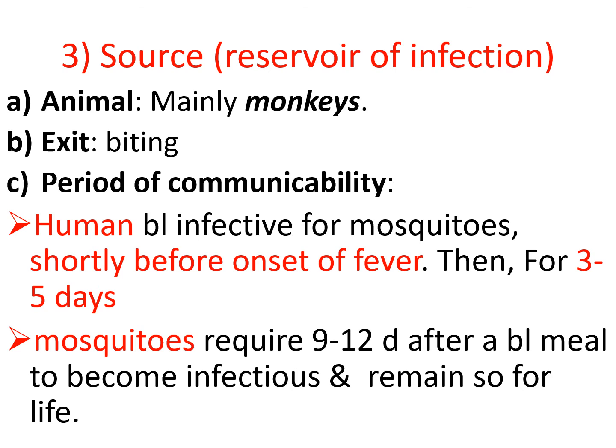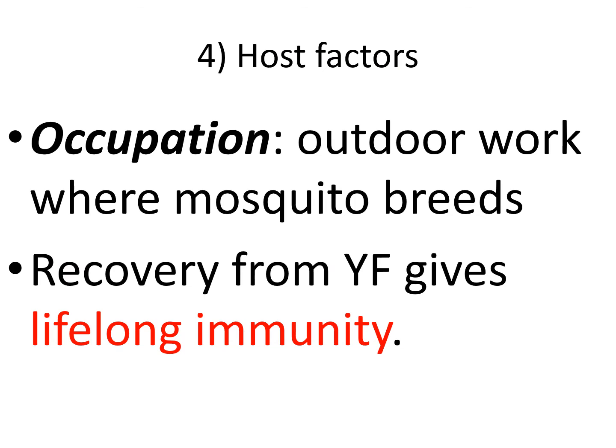Mosquitoes require 9 to 12 days after a blood meal to become infectious and remain so for life. Host factors: occupation, outdoor work where mosquitoes breed. Recovery from yellow fever gives lifelong immunity.